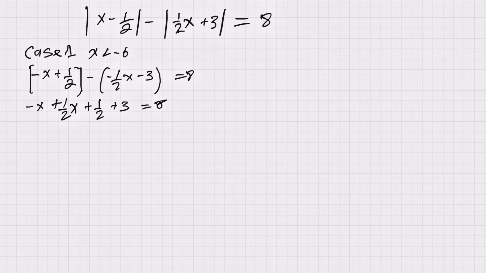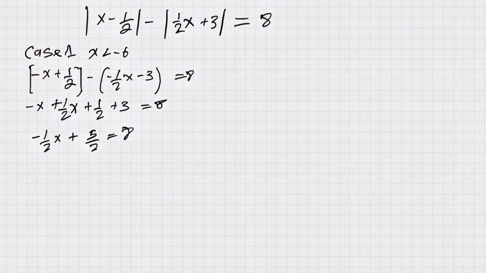All right. So minus x plus half x will give us minus half x. And plus 3.5, which is 5/2, equal to 8.